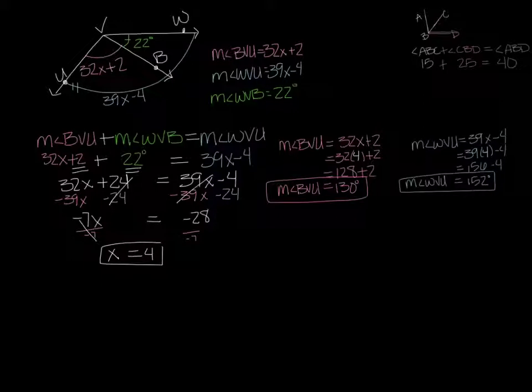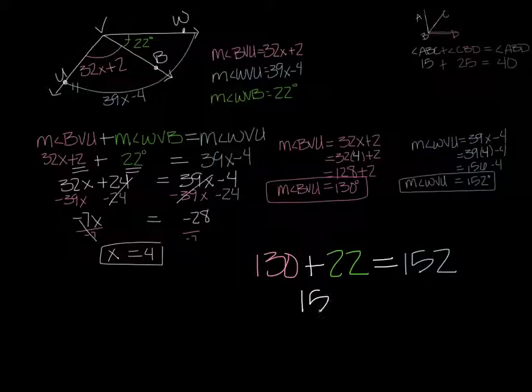We know that the pink angle is 130 degrees, and we can add that to the green angle at 22 degrees, and we should get the blue angle at 152 degrees. So 130 plus 22 is 152. That leaves us a true statement, so we can feel confident that all of our solutions are accurate.